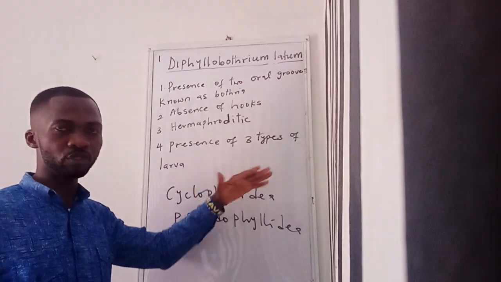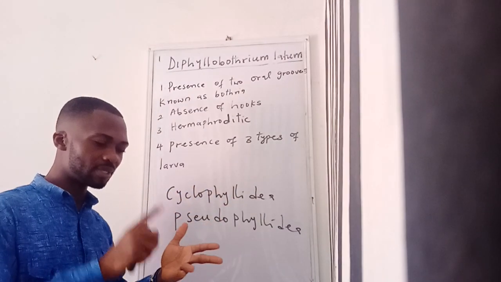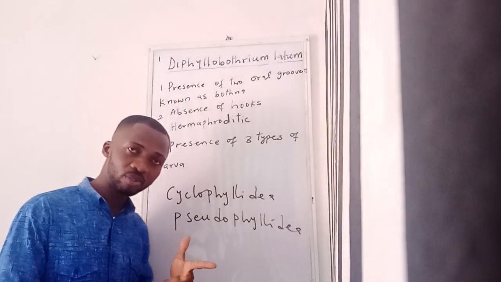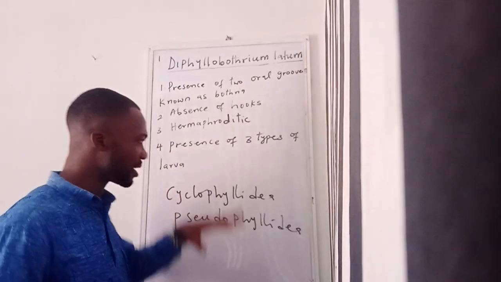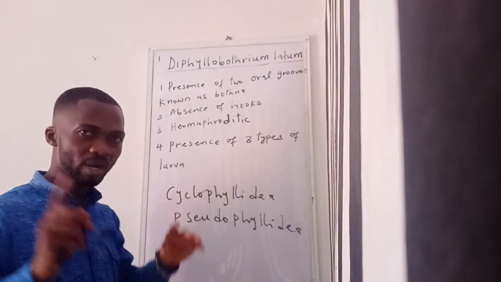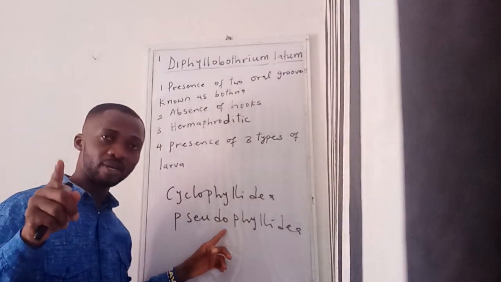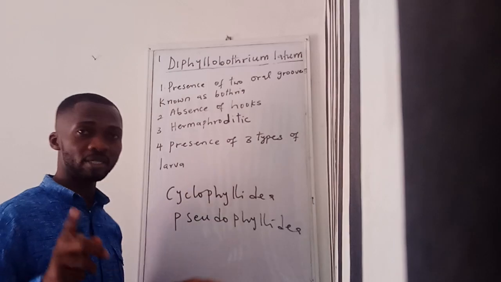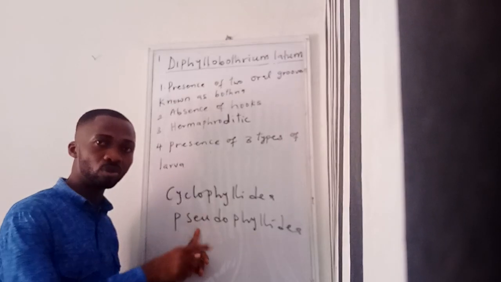So these four that I mentioned, Taenia solium, Taenia saginata, Echinococcus granulosus, and Hymenolepis nana, are under the order Cyclophyllidea, whereas Diphyllobothrium latum and Spirometra and others are under the order Pseudophyllidea.